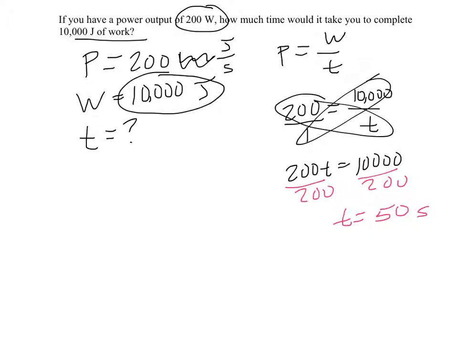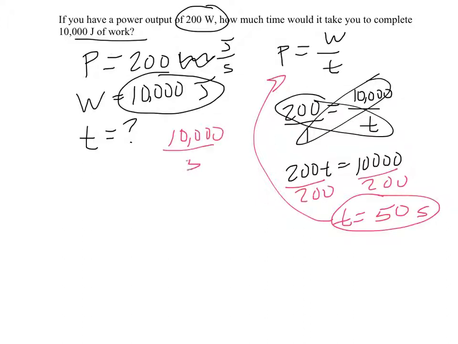And so we should check this answer by plugging it back into the original equation. So 10,000 divided by 50, does that equal 200? If you just check that, it will. And that means that you did it correctly. Another way you can do this, if you prefer, is fence posting.